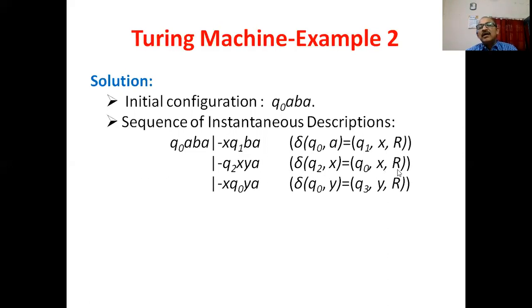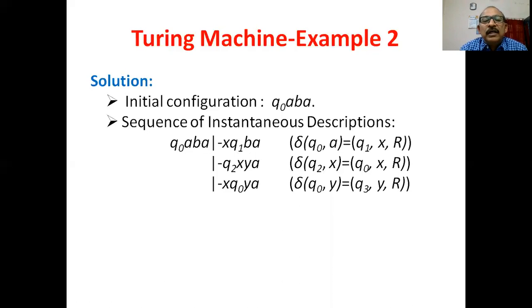Q0 X R, replace this B by X and move right. Here I think it is a wrong instruction, so let us go back to the transition function.